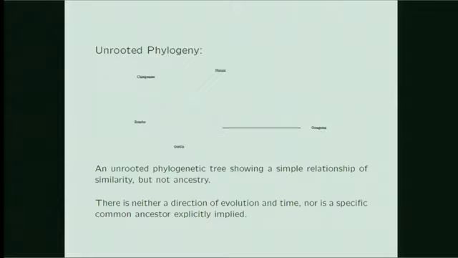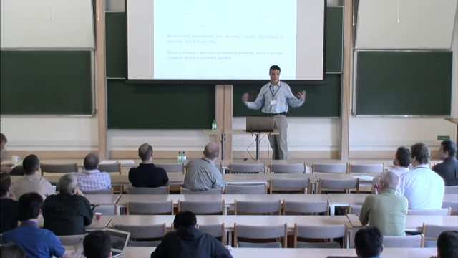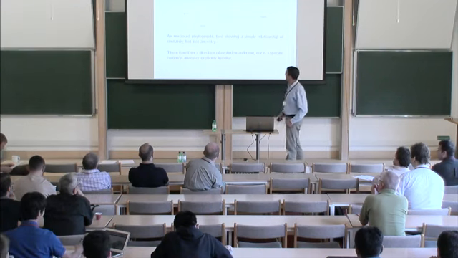They're related somehow, and there is some kind of common ancestor somewhere along this tree, but we don't make any specific assumption as to what edge this ancestor lies on. And so in this kind of unrooted viewpoint, there's no direction of evolution.